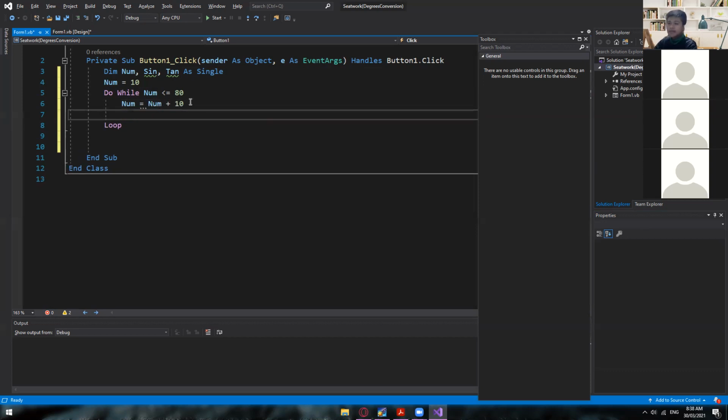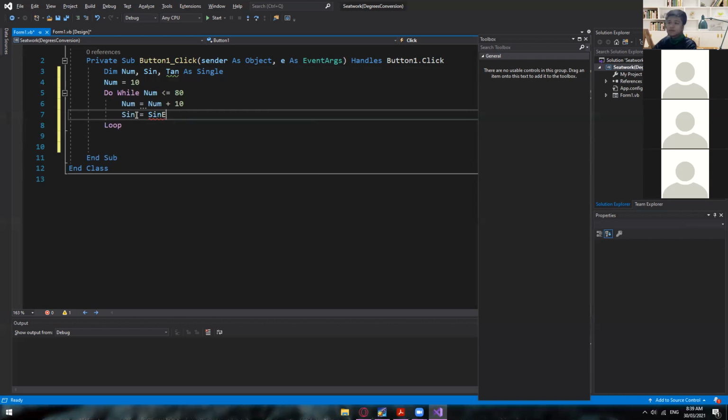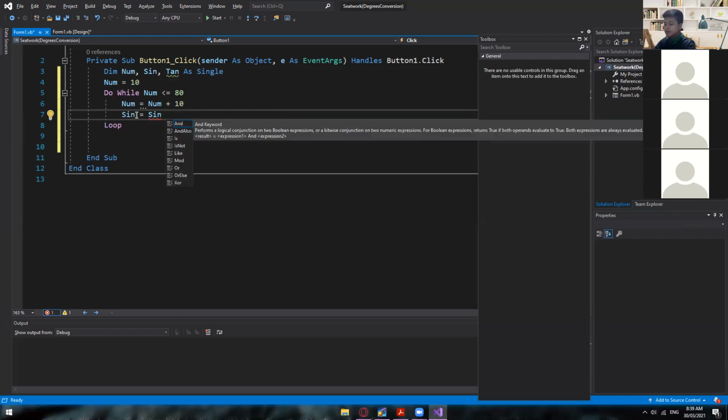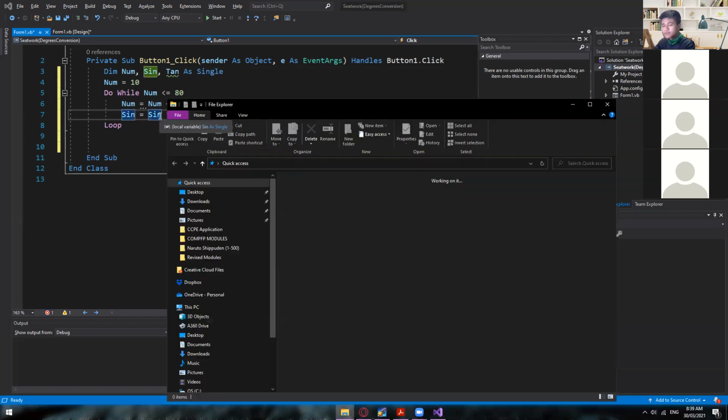And we will display the computation of sine first. So sine is equal to num times sine, or sine only. Sine times num times, oops, is it sine? Okay, let me just go back to our notes.